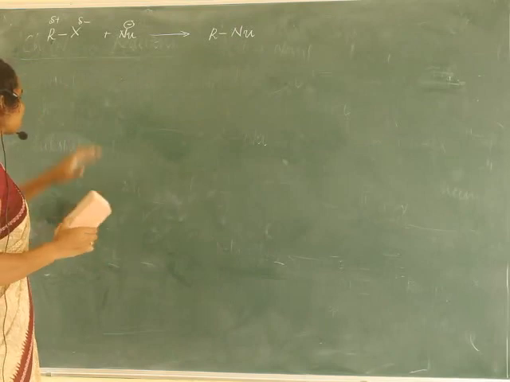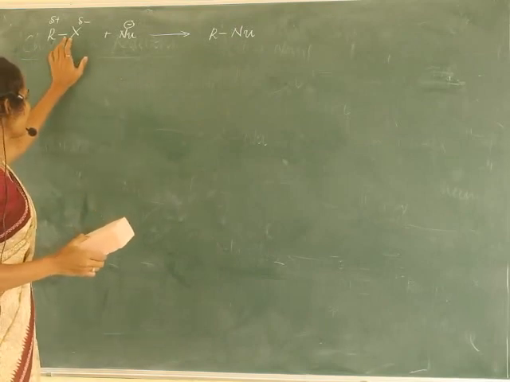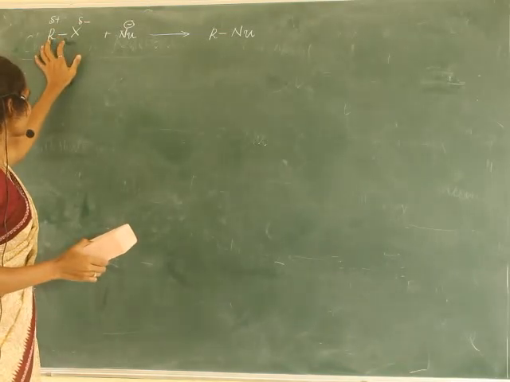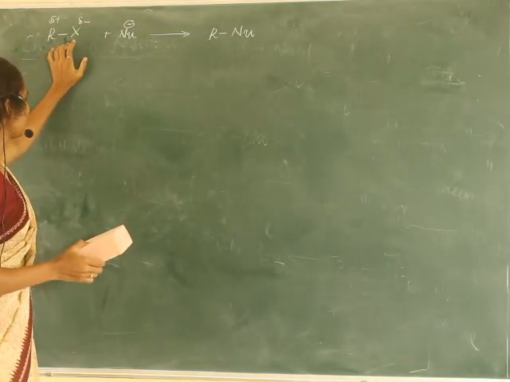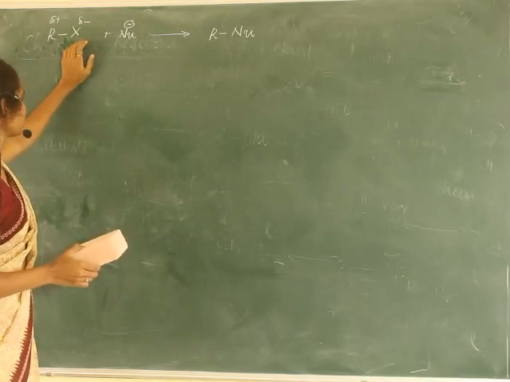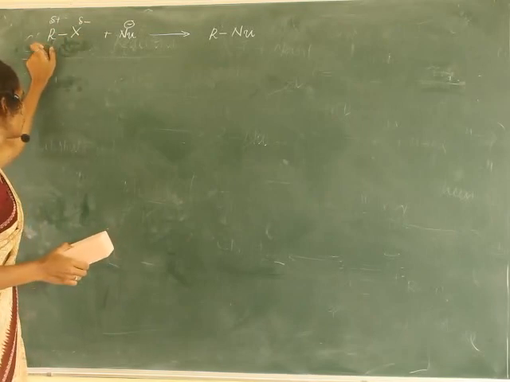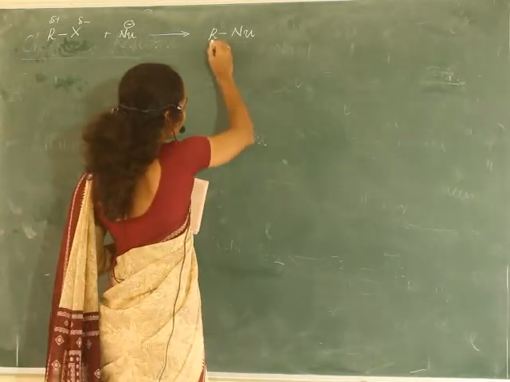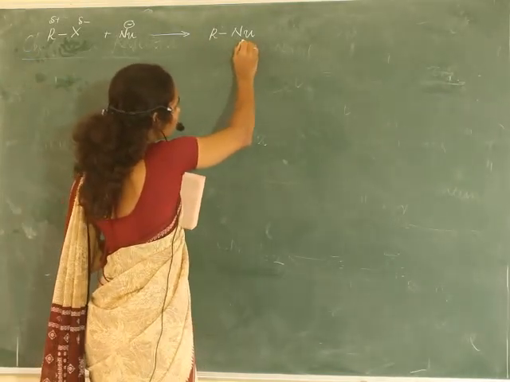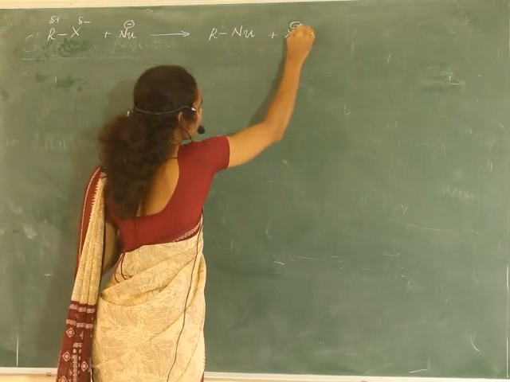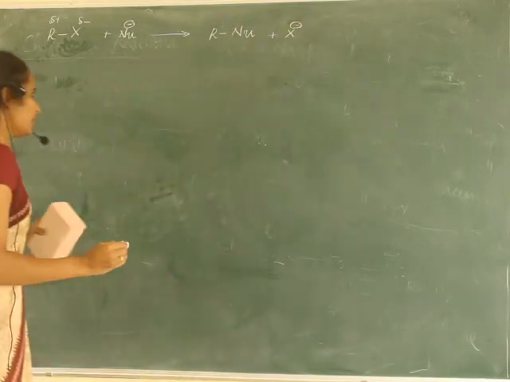The halogen atom leaves as halide ion from the alkyl group. That is important. Between alkyl group and nucleophile new bond formation takes place, and halide ion leaves.